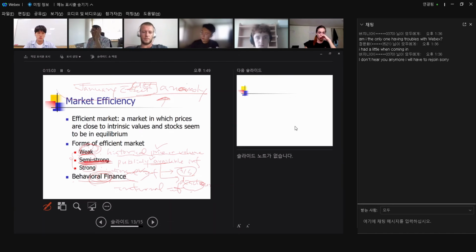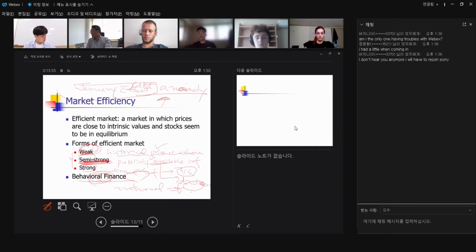Another example: if we make an empirical study of which day has the highest return, the result is Friday, out of the 5 business days. Why is that? We cannot explain it except by some human reason. Maybe tomorrow is the weekend, so people are happy.